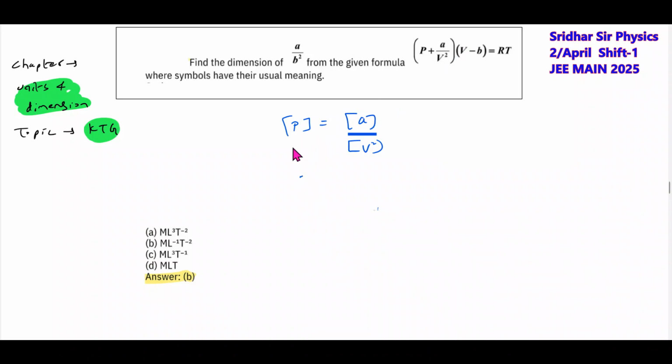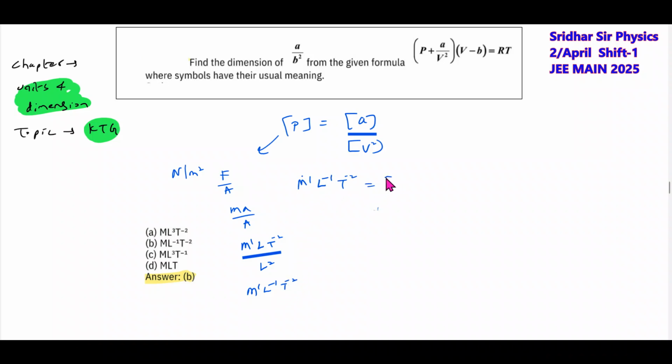Directly I am writing the dimensions of pressure will be M1 L minus 1 T minus 2. Or if you have forgotten this in exam, pressure will be force by area. Force will be mass into acceleration, M1 acceleration L T minus 2. Area will be L square. So the dimensions will be M1 L minus 1 T minus 2.